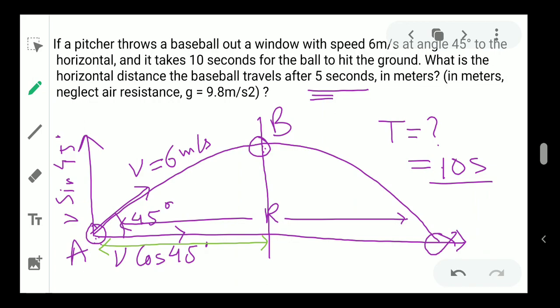But the complication will come when I tell you to find out the height it will achieve at any moment. Like if I say at t equal to 3 seconds, where will the projectile be, that means how far from the ground the projectile will be, find out. That can be a challenge for you, though it's very easy to do.